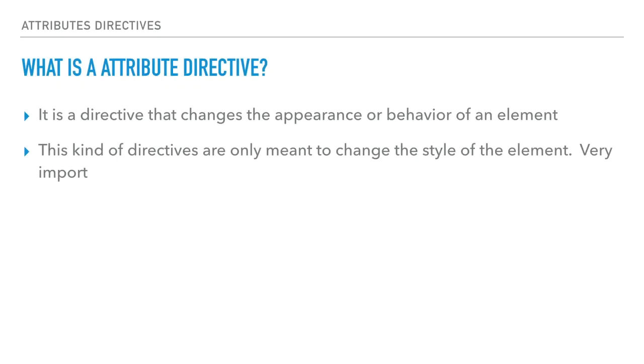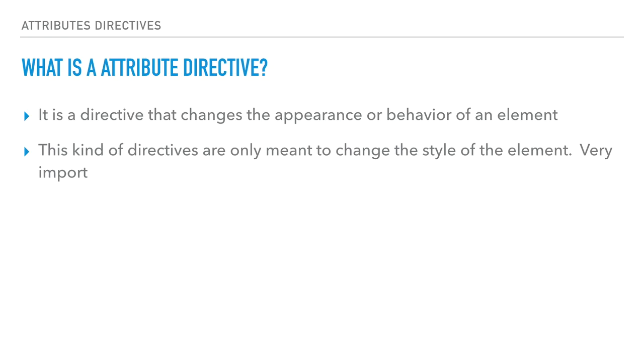So let's go back to the slide, and what do we have here? An attribute directive is one specific directive that will modify the style of the HTML. So basically, if we have, for example, a text and we want to highlight this text, so far we don't know how to do it with Angular.